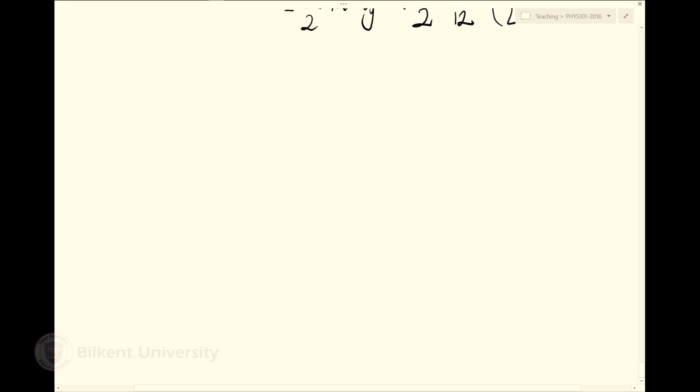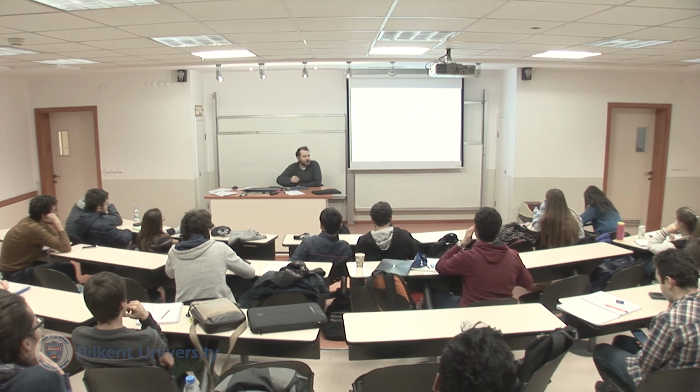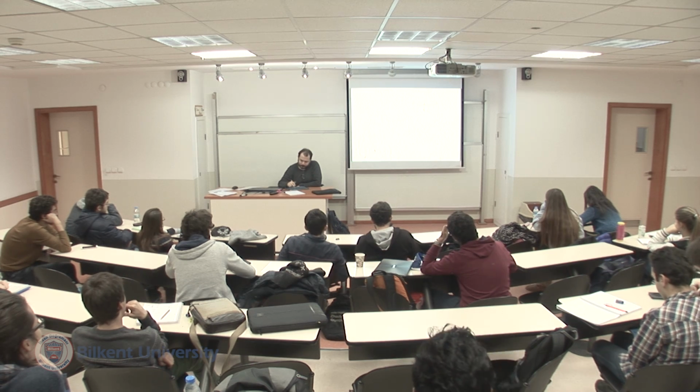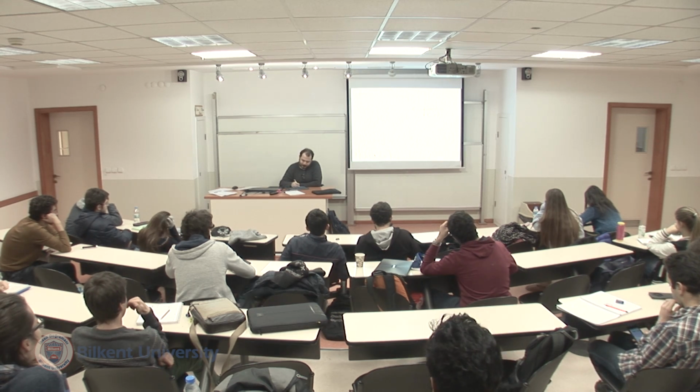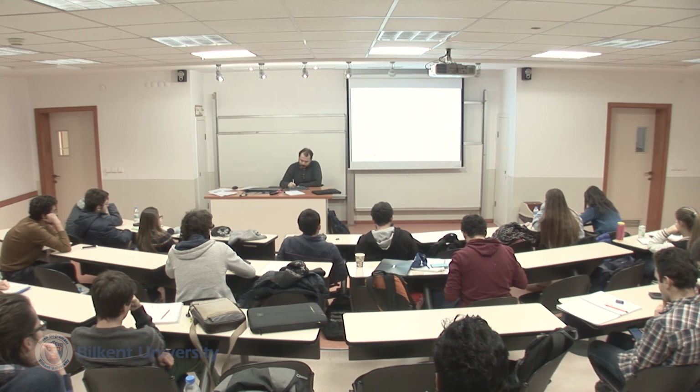But at which theta am I writing this? Well, it's correct at all theta, but I'm interested in the velocity when you're right about to hit the floor, right? And for that, theta is equal to 0.